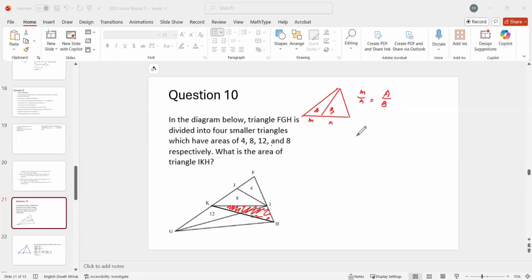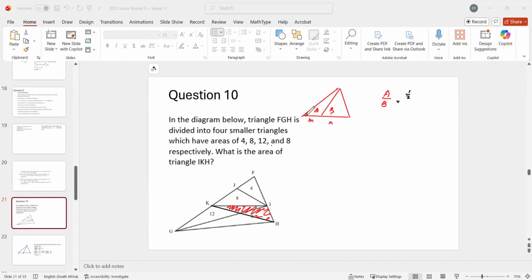And the proof of this is extremely simple, that A over B is the same as M over N. And the proof, I can give it to you straight away. It is the following. The area A is the area of a triangle. And we know the area of a triangle: this is half base times height.